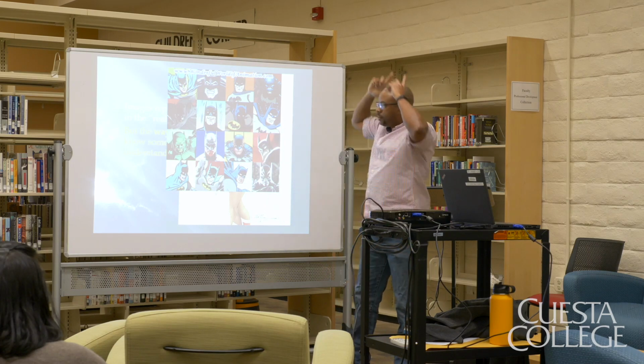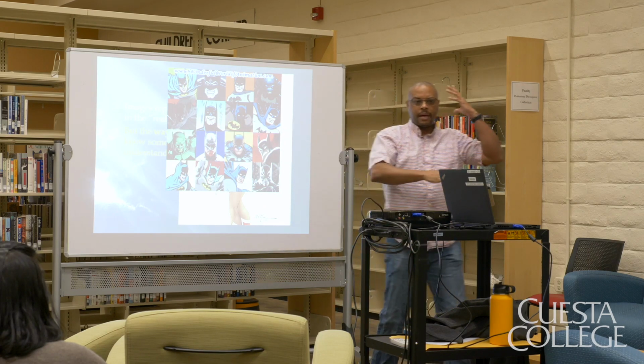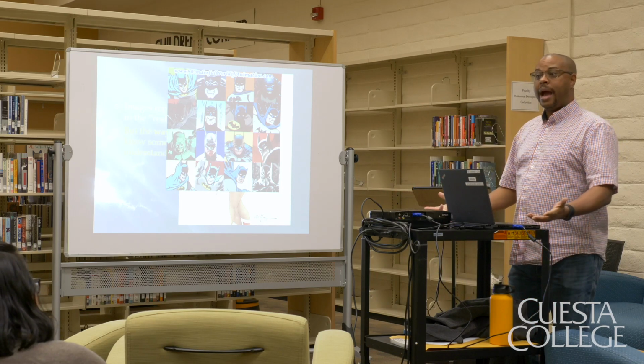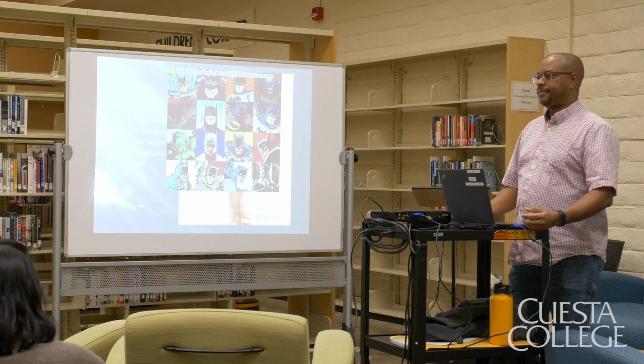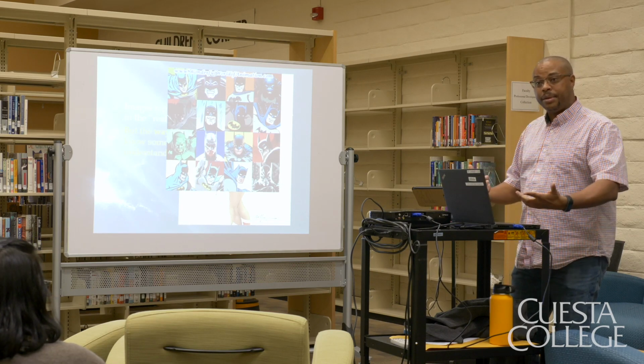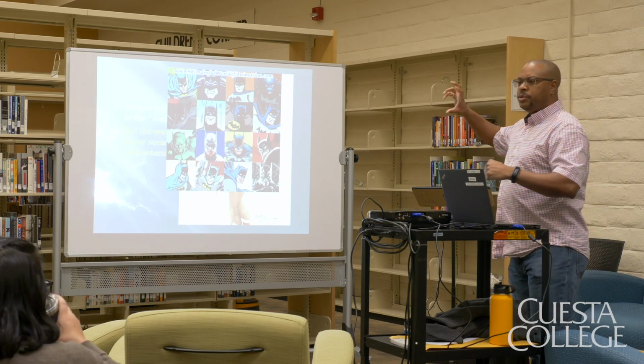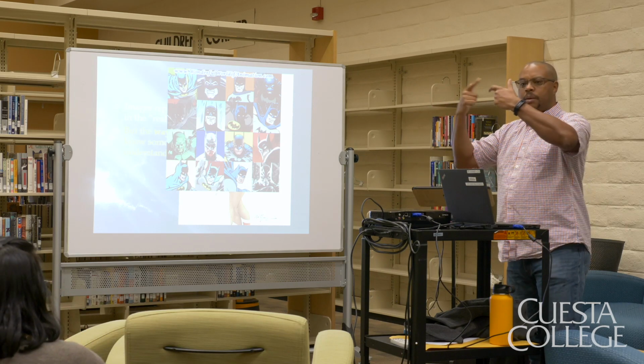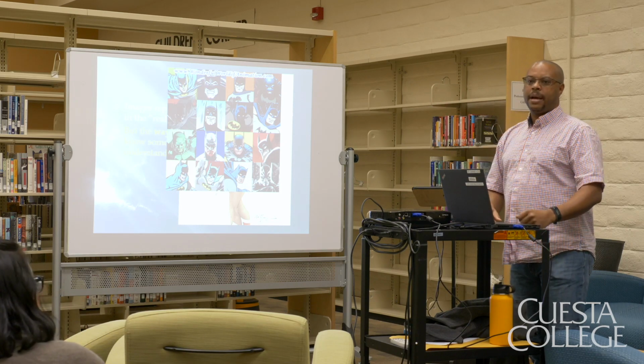Big ears, little ears, blue costume, black costume, we all recognize them as Batman. Why? How? That's a good question, because it's about image and how it uses subtle things that we recognize as Batman, so we put them all together and go, oh, that's Batman.